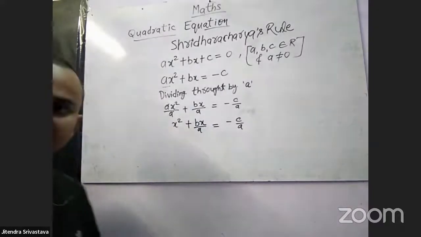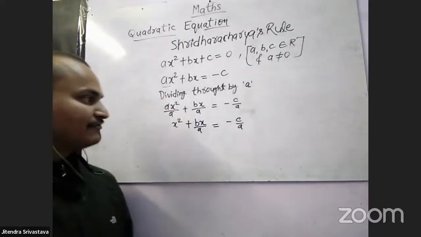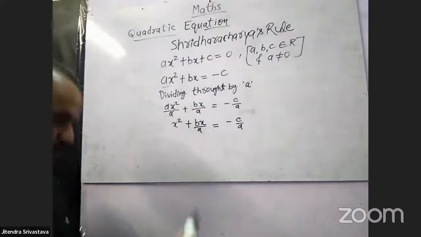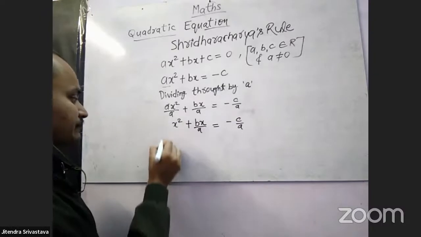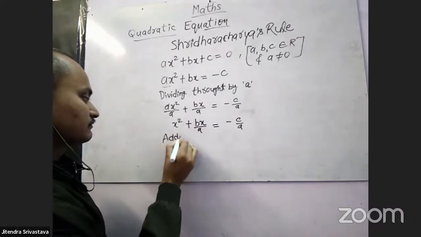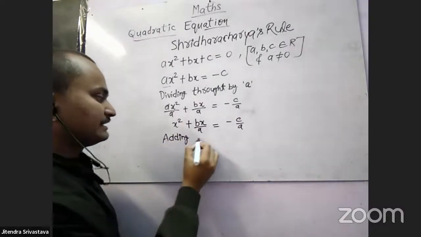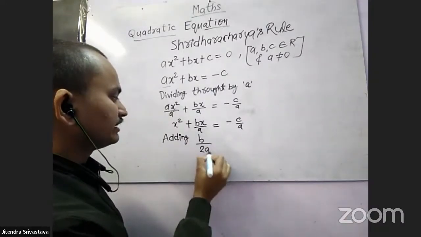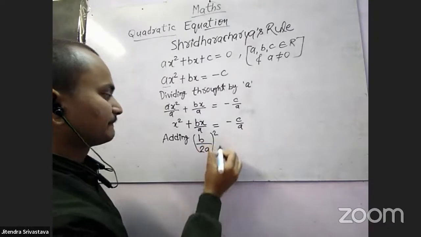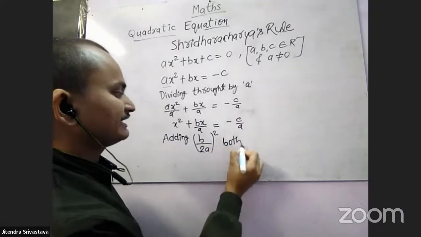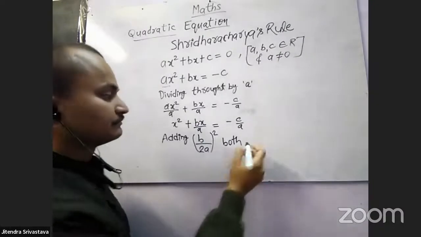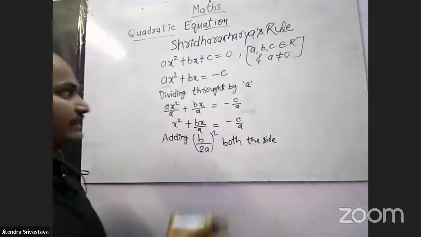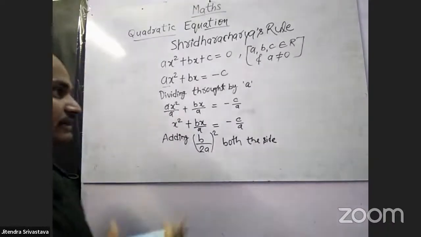In the next step, we have to add some number to both sides. Adding b upon 2a whole square on both sides. What will we get by adding it on both sides?